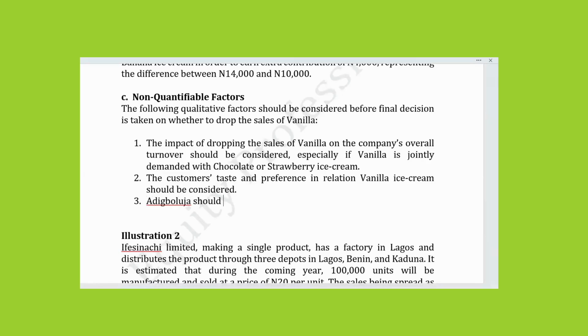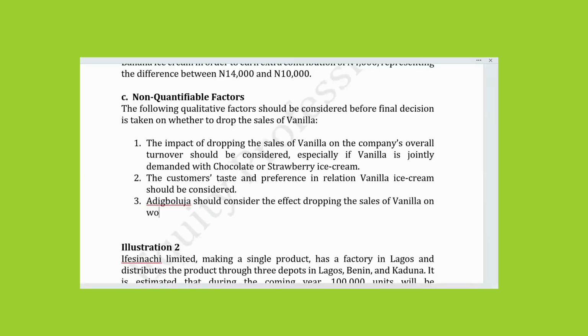Yes, sir. We should consider the effects of dropping the sales of vanilla on workers' morale, especially vis-a-vis productivity level, or you can say as it affects productivity level.